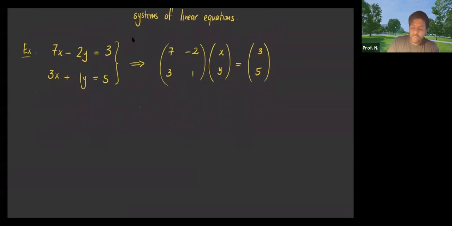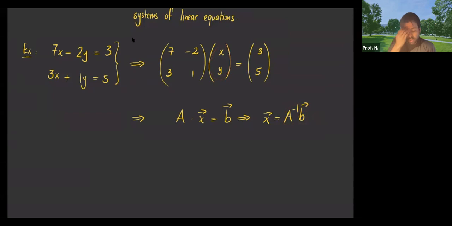Then we can rewrite this as A times the x vector equals the b vector, and so x is equal to A inverse b. When we do the multiplication, we get a column vector for the solutions to the system.